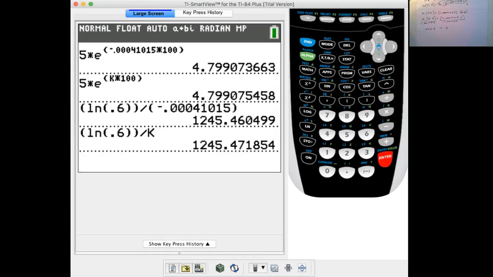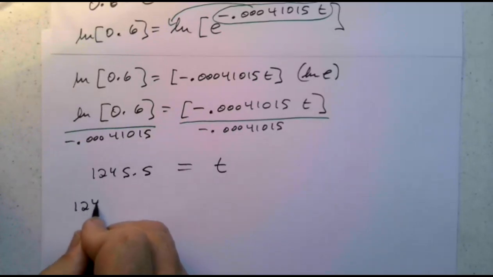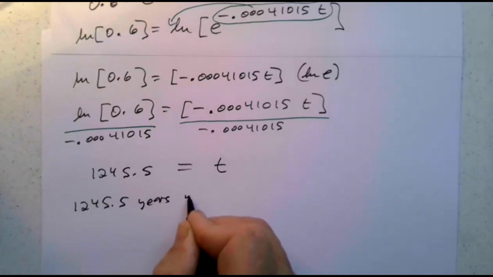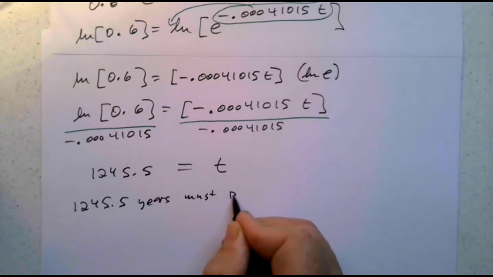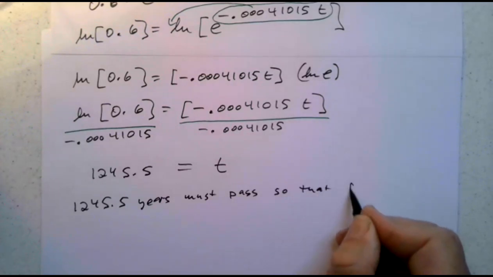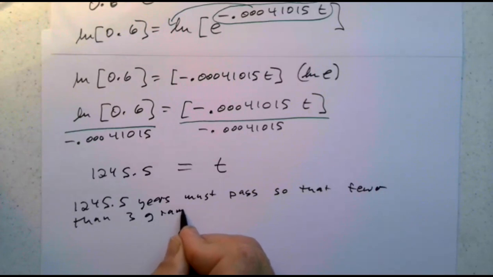So how do we conclude this? 1,245 and a half years must pass, approximately, so that fewer than 3 grams remain.